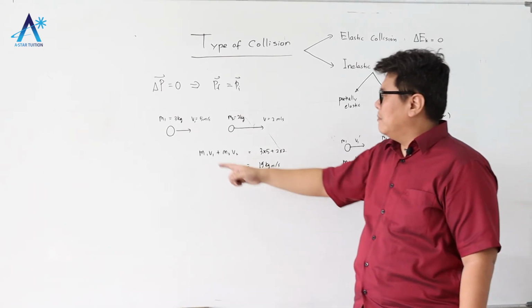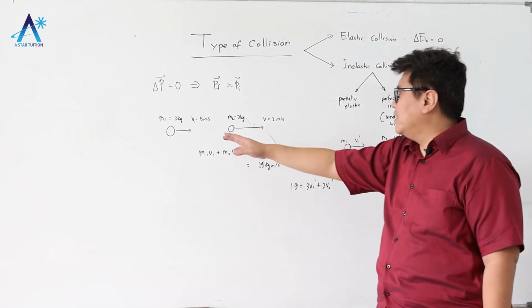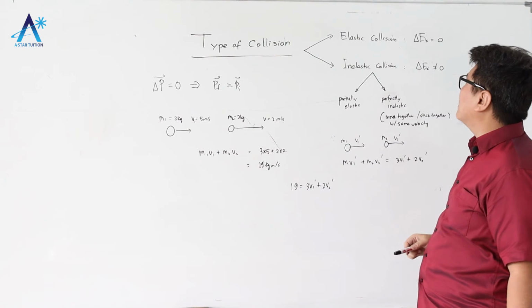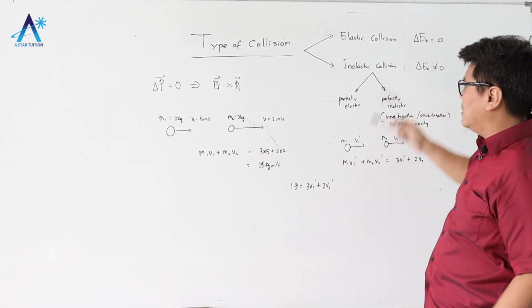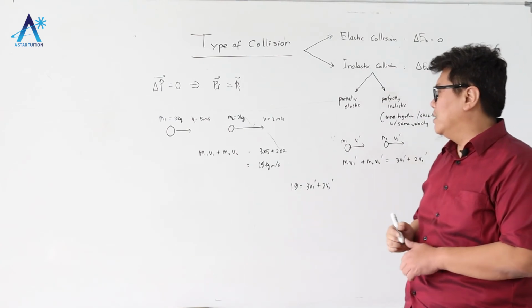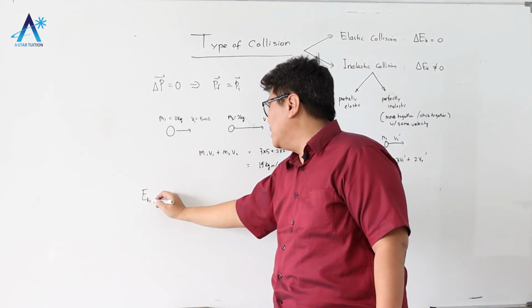Now if we know that the collision is elastic, then we can actually add a second condition, which is that there is no change in the kinetic energy of the system. So what is the kinetic energy of the system initially?